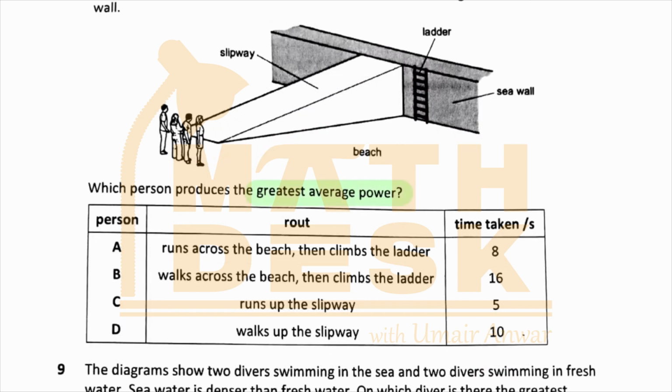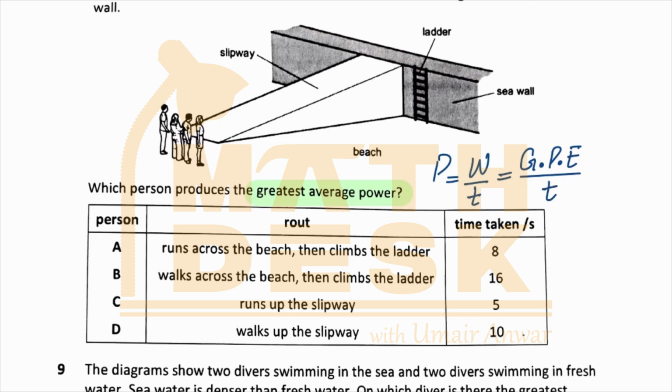So if we are talking about the power, power is given by the rate of doing work or the rate of energy transformed. So in this case, the work done would be equal to the gain of gravitational potential energy, which is the same in all the cases because every person is climbing this wall. So they are trying to gain the same height. Secondly, the gravitational potential energy would be divided by the time.